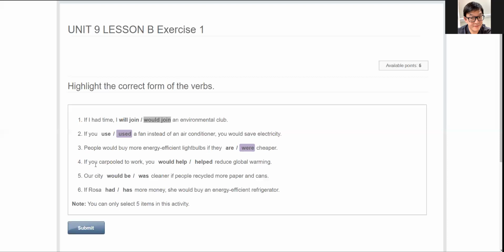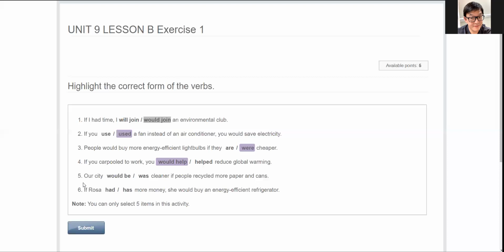Number 4, if you carpool to work, you helped reduce global warming. If you carpooled to work, you would help reduce global warming. Okay? Good. Number 5, our city was cleaner if people recycled more paper and cans.